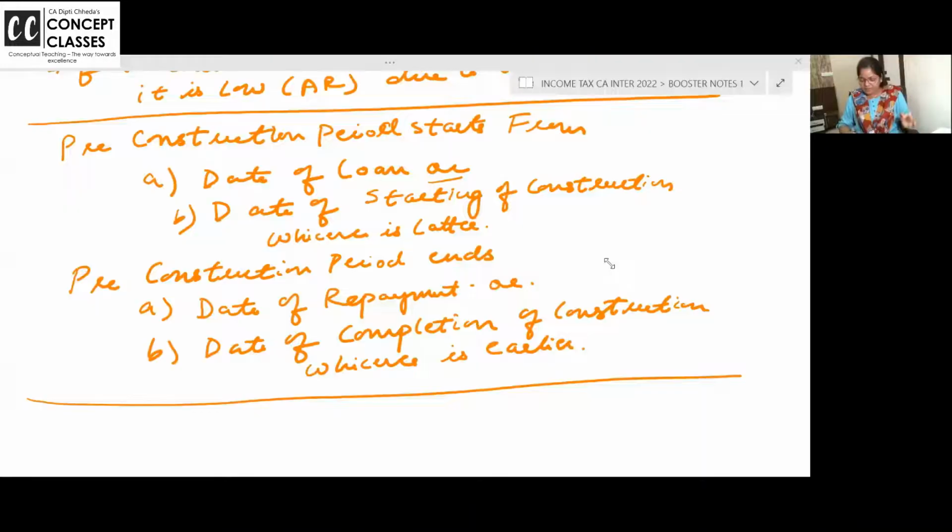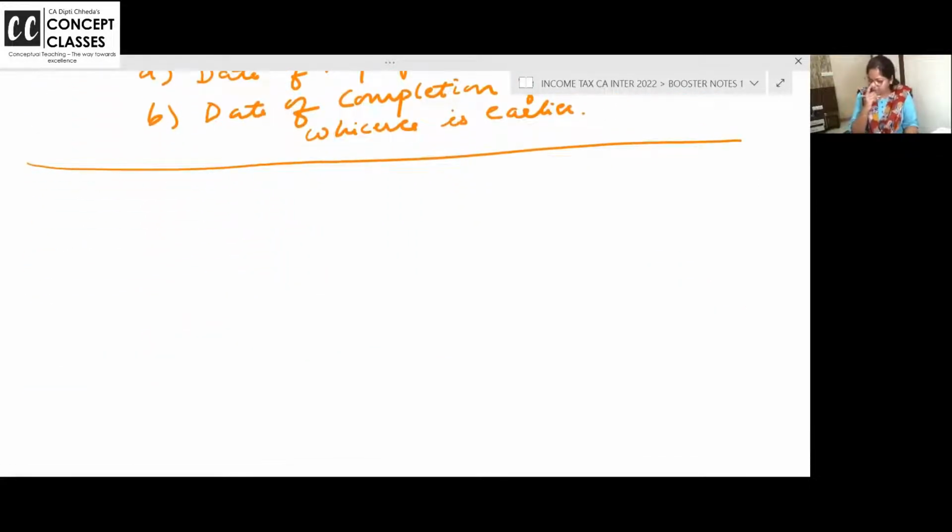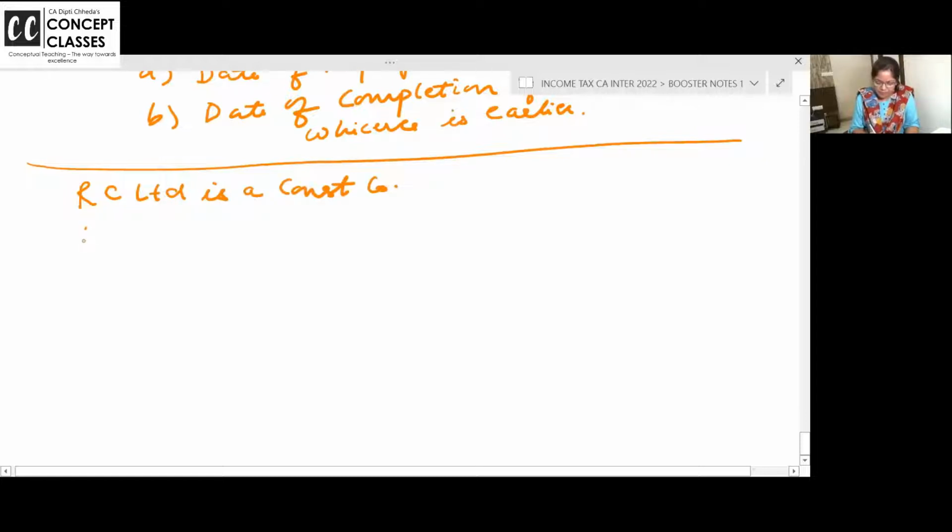I am writing in the booster notebook. If you want to write it there, or you can write it in the textbook itself. Just let us see an example. RC Limited is a construction company. बिल्डिंग का स्पेलिंग गलत हो गया ना, एन नहीं लगाया. हाँ, building is ready to occupy.